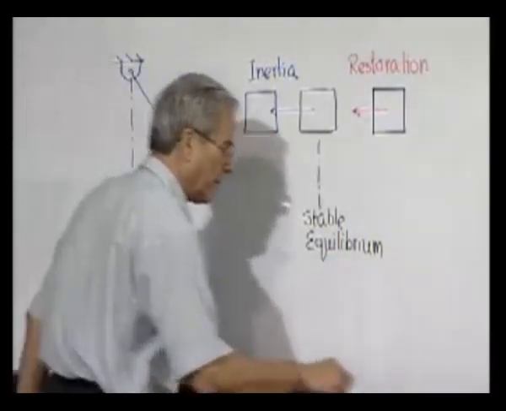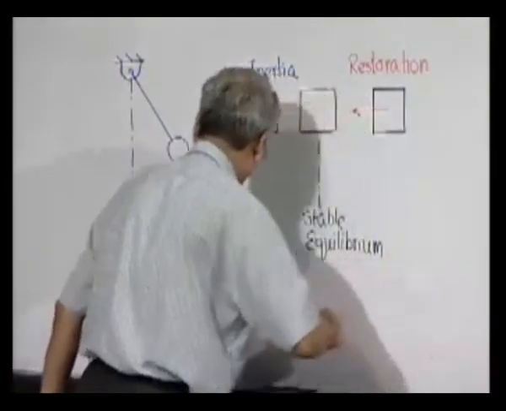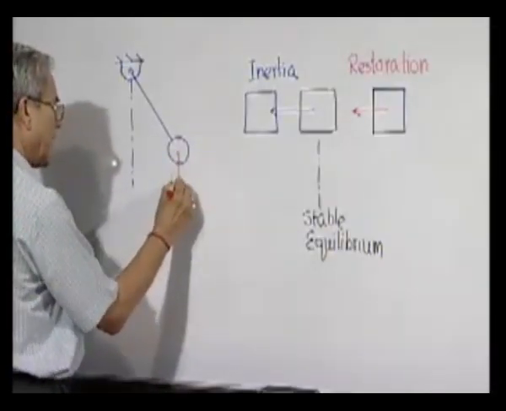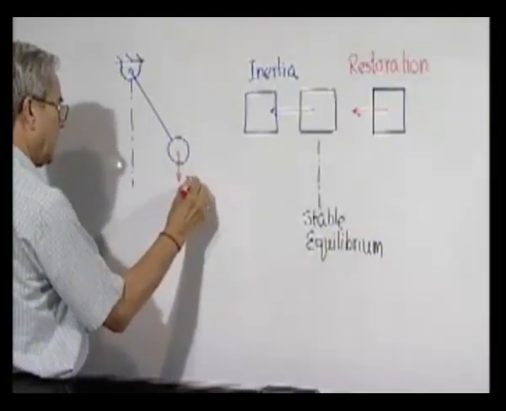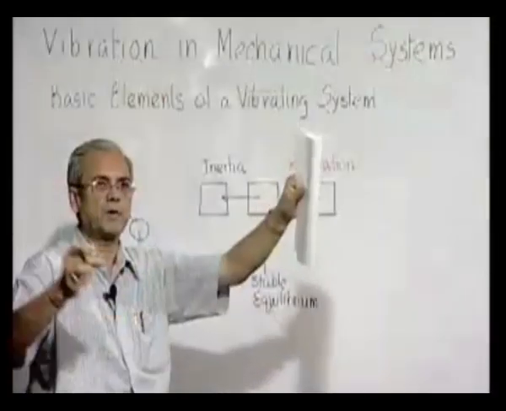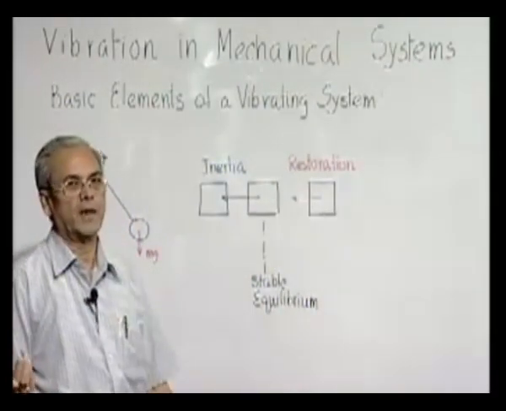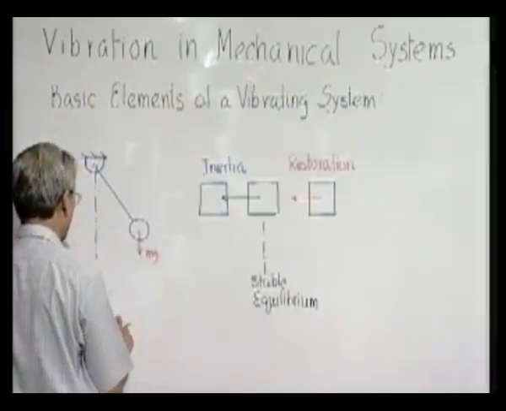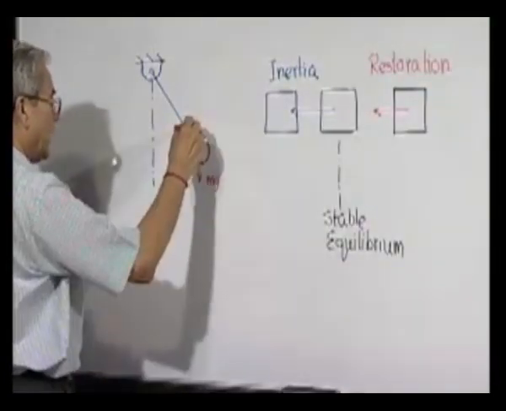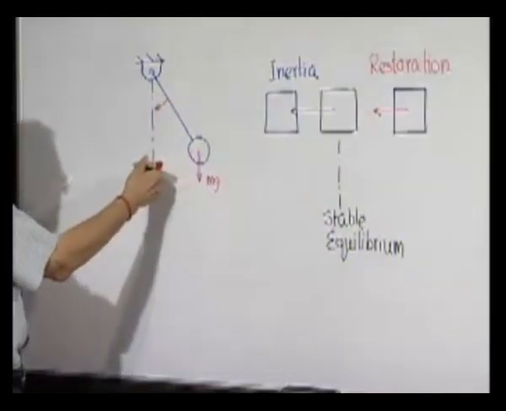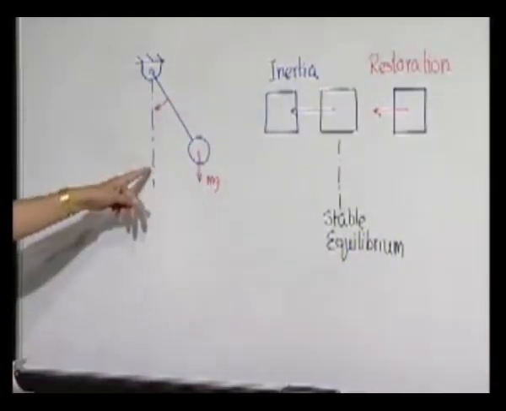Now here the pendulum comes back to its original position because there is gravity. This force is acting. If you go to space and make a pendulum, you displace it from one position, it will remain there. It will not oscillate. So the presence of the gravitational pull towards the surface or center of Earth provides the restoration by which it tries to come back to its original equilibrium position.